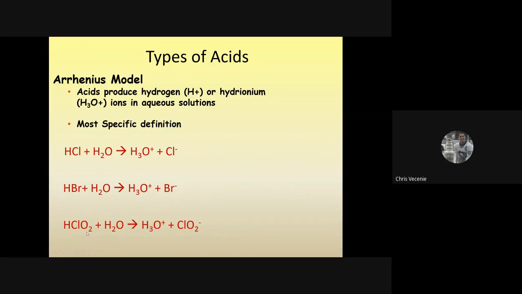We get HClO2. With water, we create H3O+ and ClO2-. So any substance that creates this ion, which is known as the hydronium ion, it is by definition an Arrhenius acid. And that's the most specific because you have to make this exact ion.